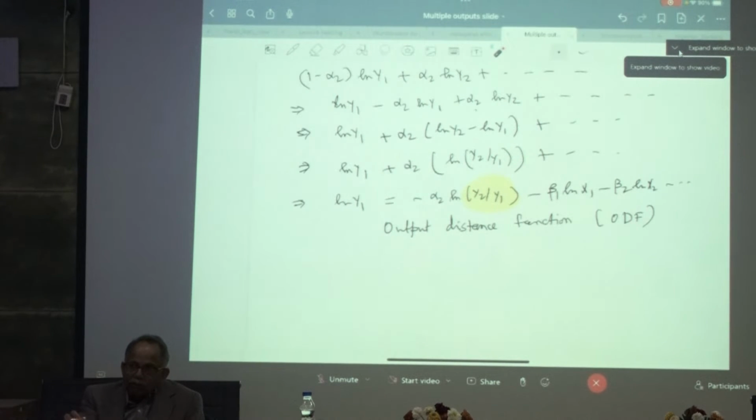And which ratio depends on what you put on the left-hand side. If you put y3 on this side, this is going to be y1 over y3, and then y2 over y3. So all the outputs are going to be expressed in the form of a ratio. Nothing happens to the inputs. So that's the output distance function. And again, you can do it with or without inefficiency. Right now, I'm talking about a specification without inefficiency.